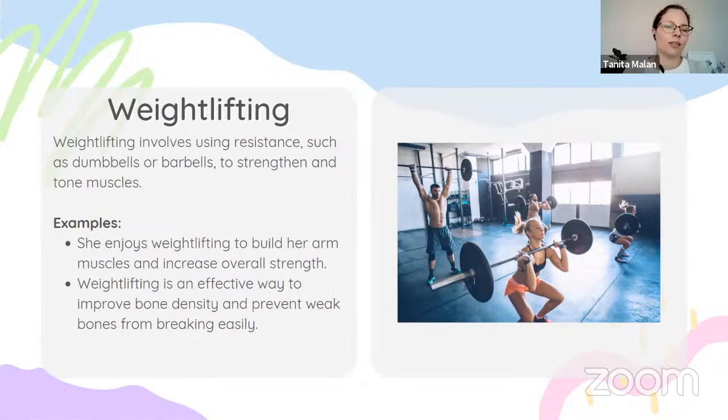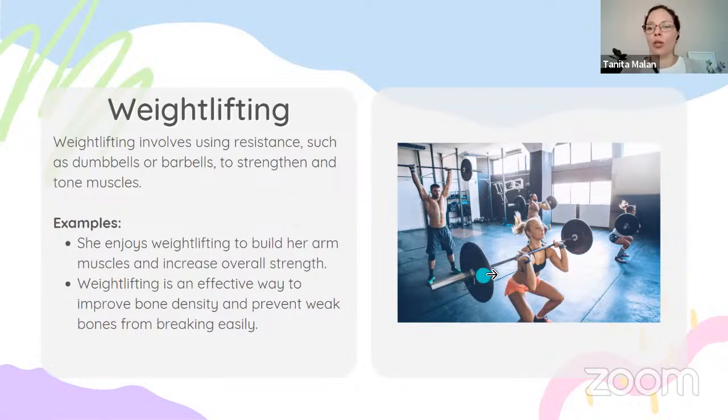This is my favorite. I much prefer weightlifting or strength exercises. We also sometimes call it strength training. All right, so weightlifting involves using resistance, such as dumbbells or barbells, to strengthen and tone muscles. We will look at some of this equipment shortly under vocabulary. So the idea of strength is to create resistance.